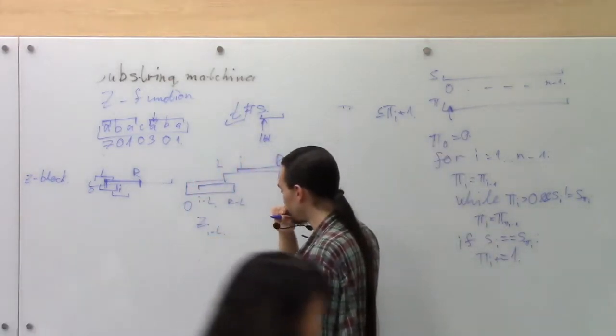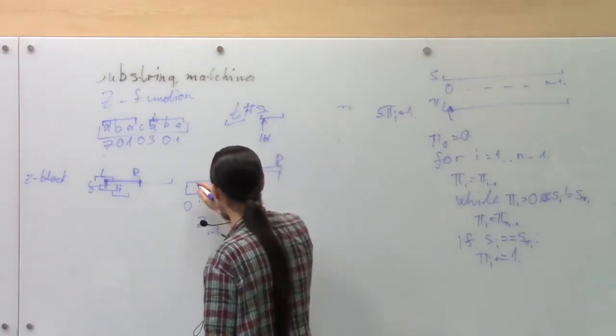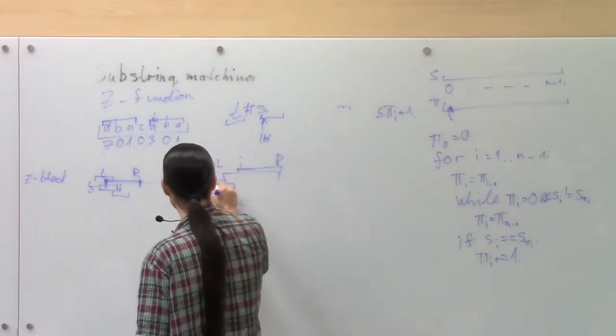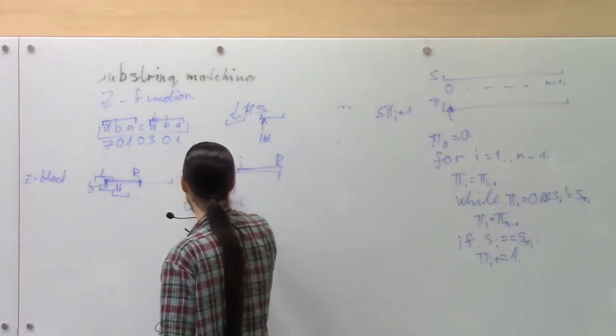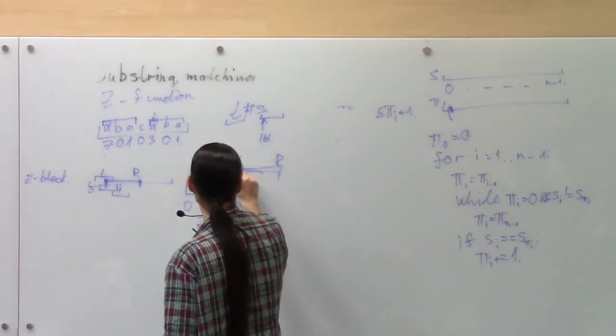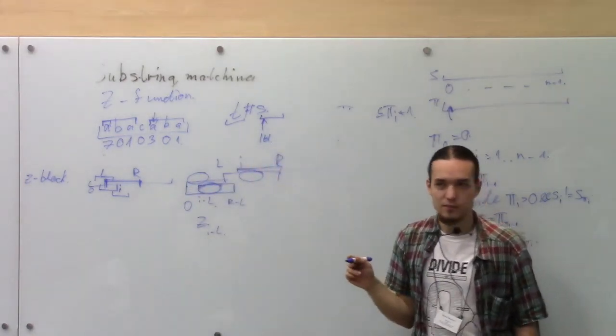There are a few cases of what can happen. Let's look at this particular value of the Z function. It means that we have a block here that matches the prefix and also matches the corresponding substring right here.